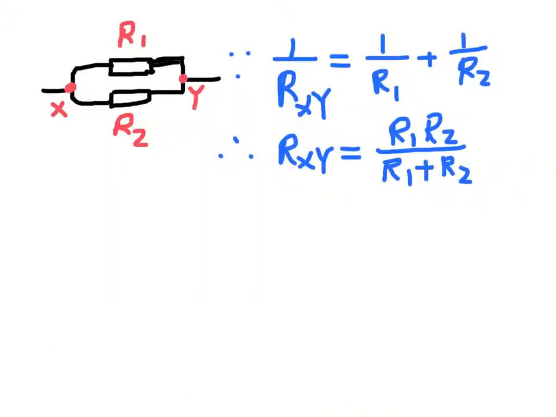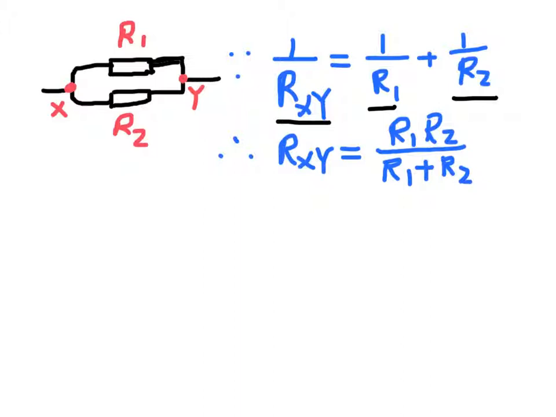There is a shortcut to find the equivalent resistance for resistors connected in parallel. Consider this case: 1 over Rxy equal to 1 over R1 plus 1 over R2.